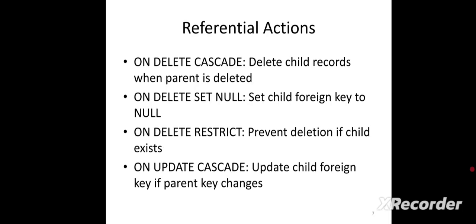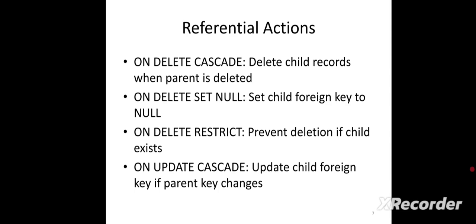To handle special cases, SQL allows you to define referential actions on the foreign key. These include on delete cascade. When you delete a parent record, the corresponding child records are also deleted automatically. On delete set null. Instead of deleting the child, it sets the foreign key to null. On delete restrict.